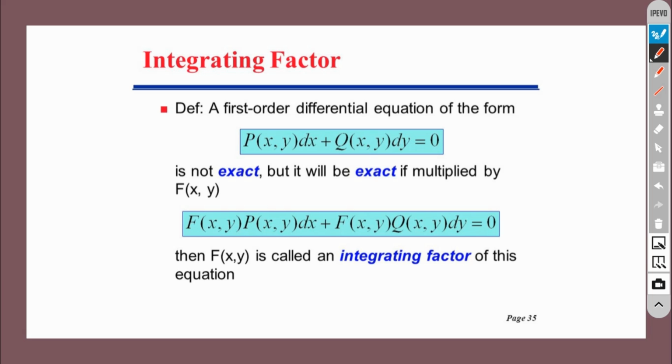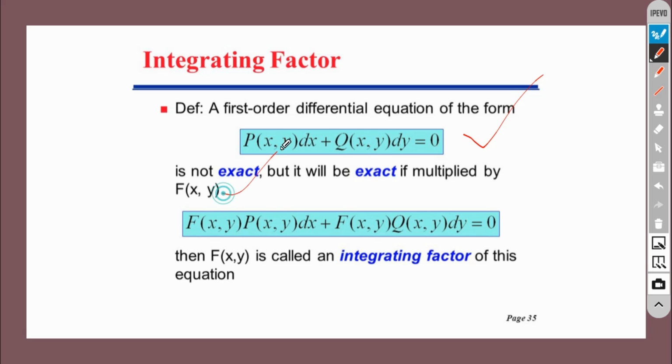A differential equation which looks non-exact, we multiply by the integrating factor to make that differential equation exact. So if this differential equation is not exact, then we will multiply by an integrating factor. What kind of function?